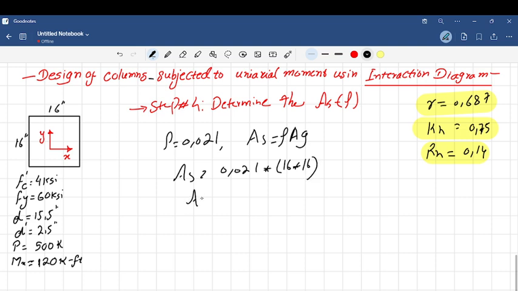Let me calculate the value of As. So 0.021 multiplied by 16 by 16, we have almost 5.4, 5.38 square inches. This is the steel area we just calculated.